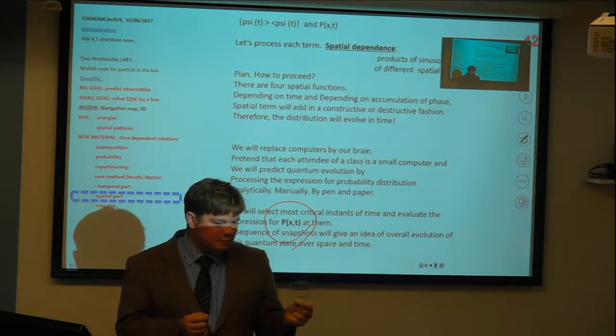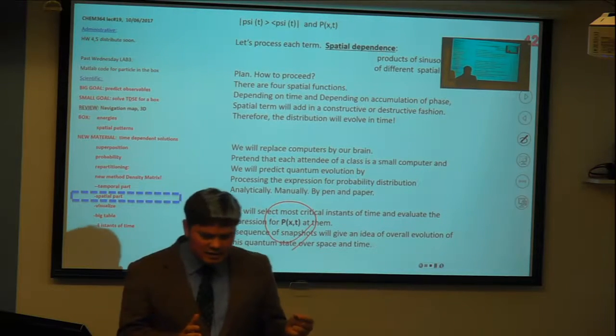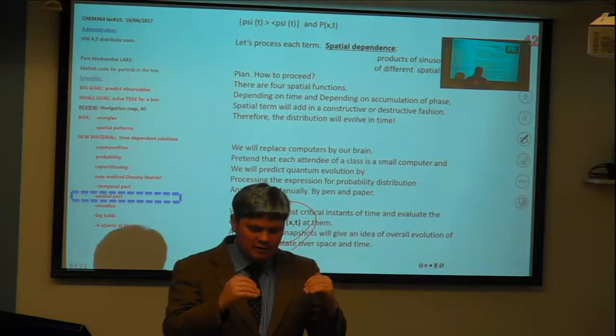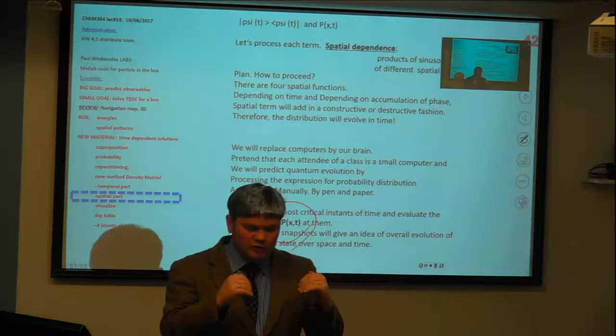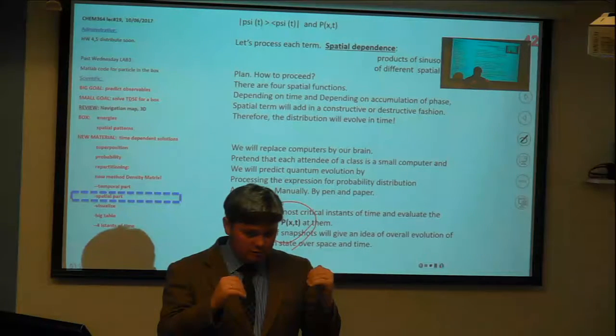And because of these constructive and destructive contributions, we may see that there are non-equal probabilities to see an electron at the left or right side of the box.